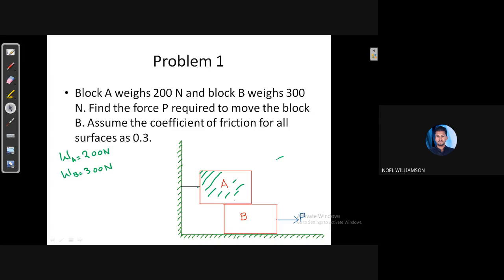Now block B is kept here and we are applying a force capital P to the body B. So you can see the surface separation here. We can see two contact surfaces.